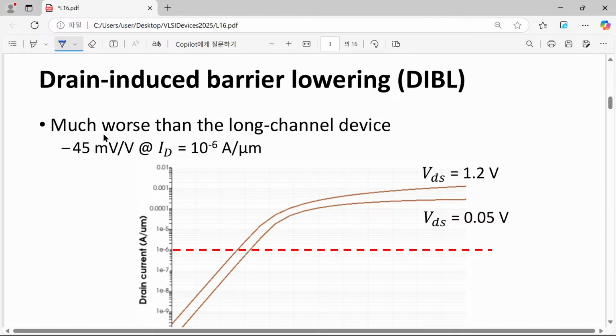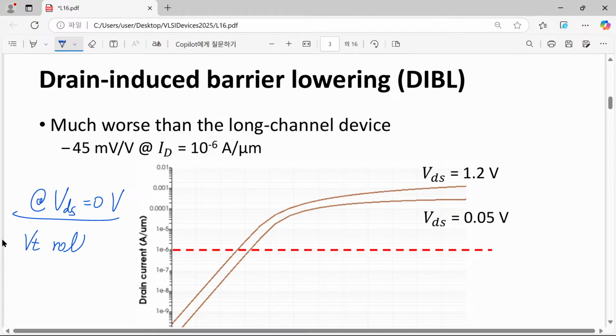Okay, so in the previous lecture we have learned that when we have a short channel device, its threshold voltage is lower than that of a long channel device. So even at zero drain voltage, we had the roll off of threshold voltage.